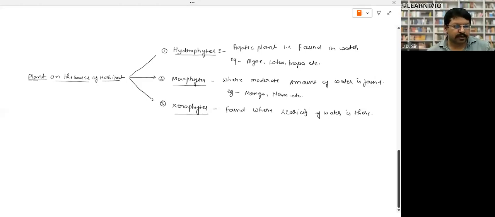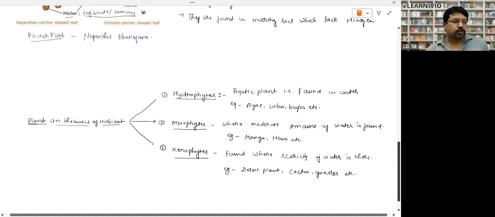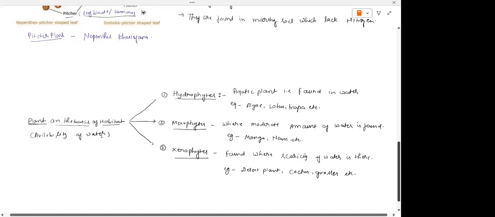Examples: desert plants, cactus, grasses. Got it? So on the basis of habitat, or availability of water, we divide plants into three categories: hydrophyte, mesophyte, and xerophyte. Please note down.